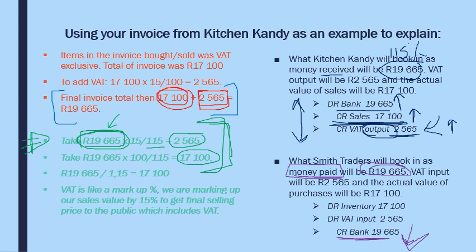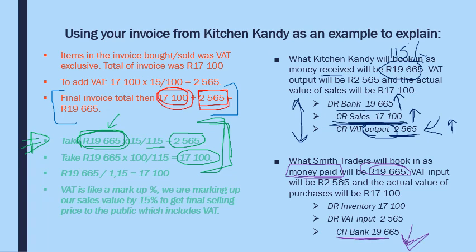So if it's the purchase of standard rated items, they can claim 15% back. Okay, you can ask yourself again, based on the VAT categories, is this a 15% standard rate item? In our example, yes, it is.